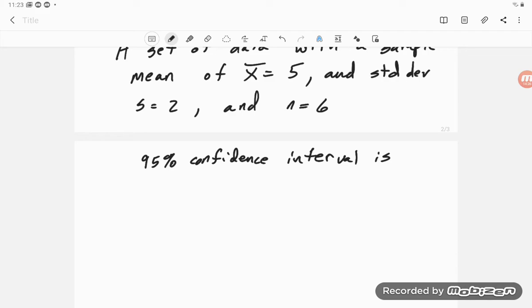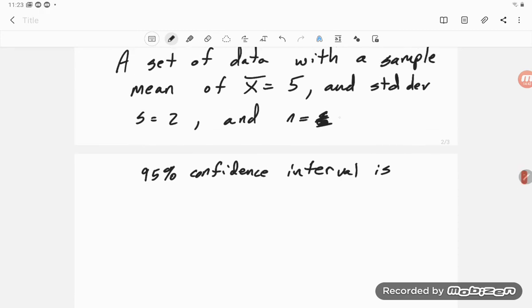S equals 2, and so you need to actually, maybe I'm going to change N just to make my life easier. Okay, so let's make N equal to 9. We'll make N equal to 9. And why did I do that? Because I want an easy square root to deal with.